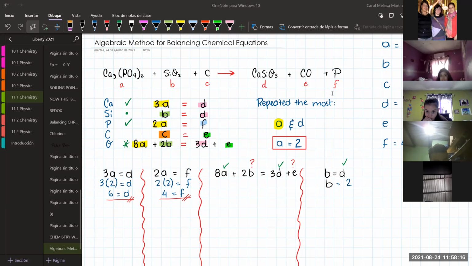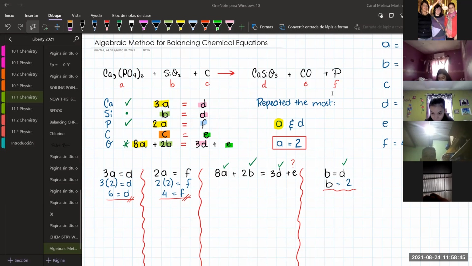So this will be the other value that I found. B is equal to 2. If I know B, then I can use the equation before. Okay? Now I know B, and I can get E.